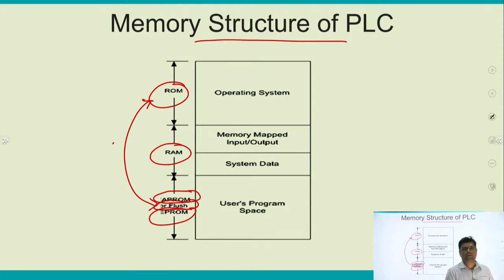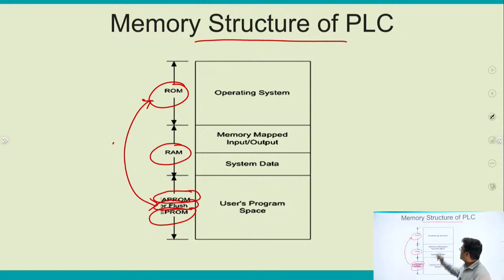Non-volatile means that when the supply goes off, nothing in the system is changed. Their program or process is installed initially when the PLC is made, like the operating system of a computer.